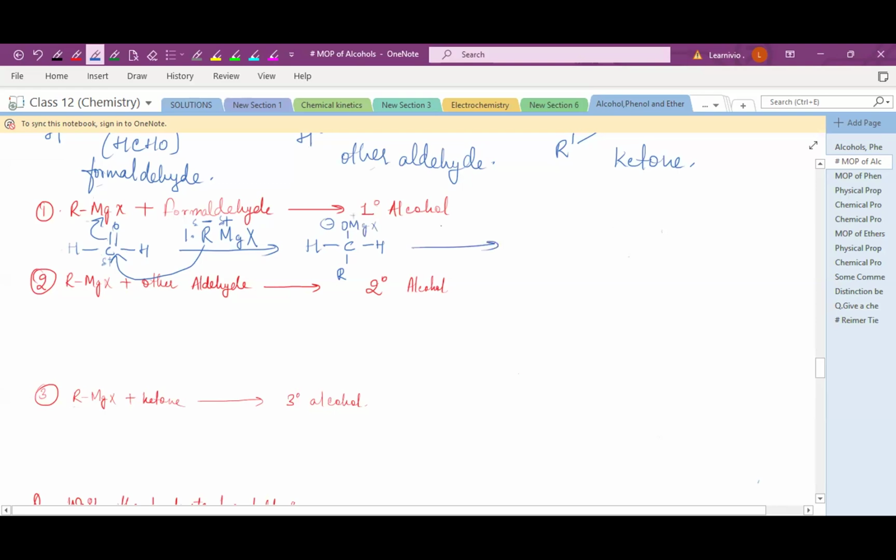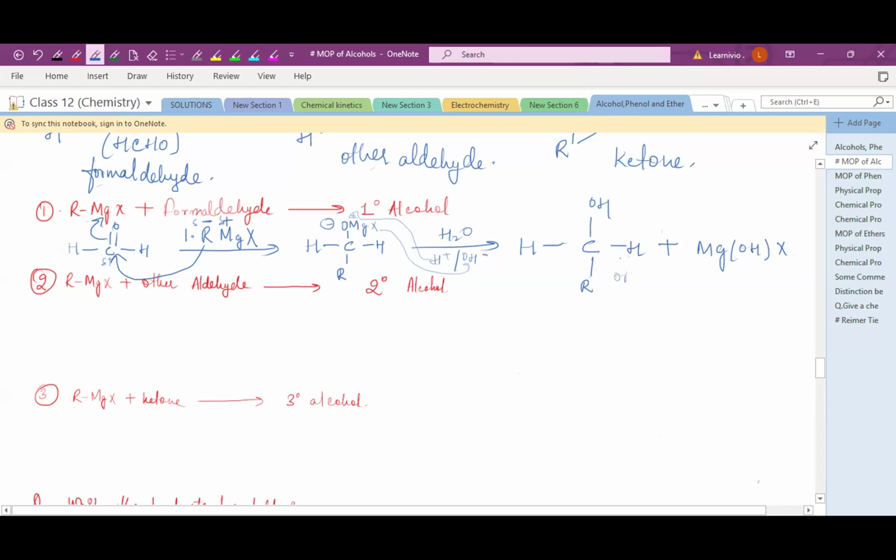Now, further hydrolysis with H2O. H2O will give you H plus and OH minus, right? So this H plus will get attached to this oxygen, and this Mg will get attached to the OH. So you will get H, C, R, and here OH, plus MgOH(X). This will be your final product. You can also write it as RCH2OH.